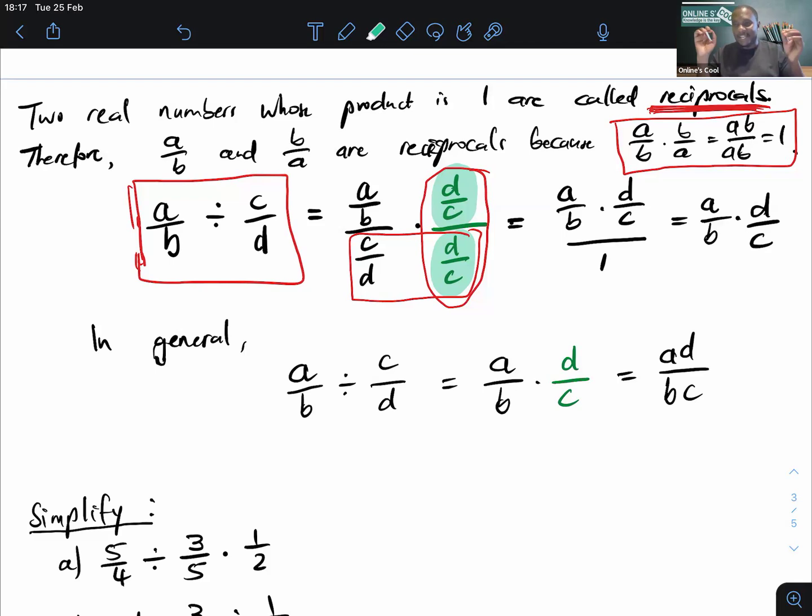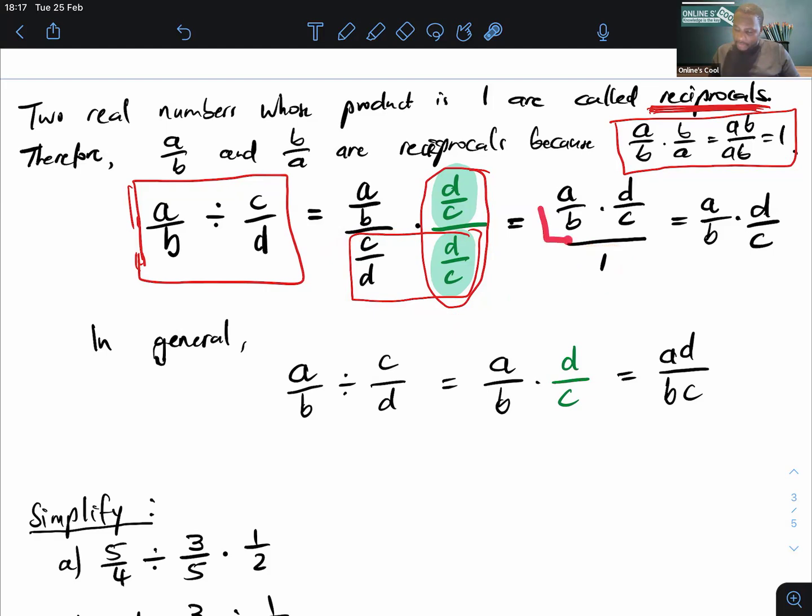Remember, we said that rational numbers are any number that can be written as A over B, such that A and B are integers, where B is not equal to 0. As long as C is not equal to 0 here, this whole thing still gives us 1. So I'm multiplying by 1. I'm not changing my original equation. I'm still where I started off. Then when we multiply by this, these are reciprocals, and they make up 1.